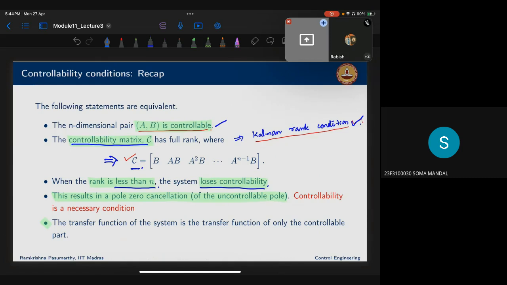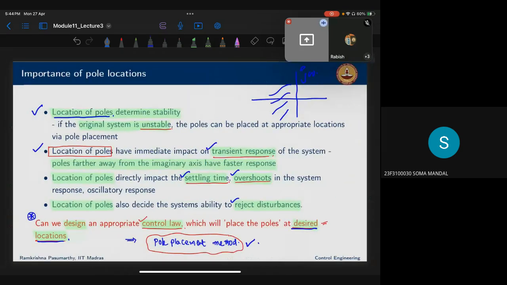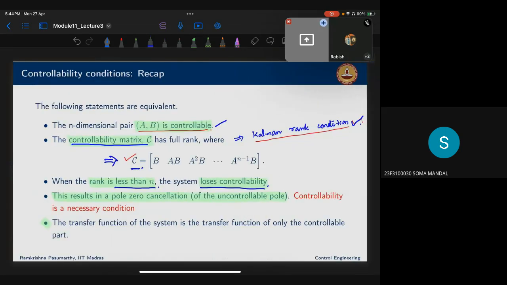Later we also saw that it is somehow connected to pole-zero cancellation. To do this pole placement method, we are placing our poles at the desired locations. So the necessary condition is that the system must be controllable. A B controllable means that the rank of this C matrix must be full rank.